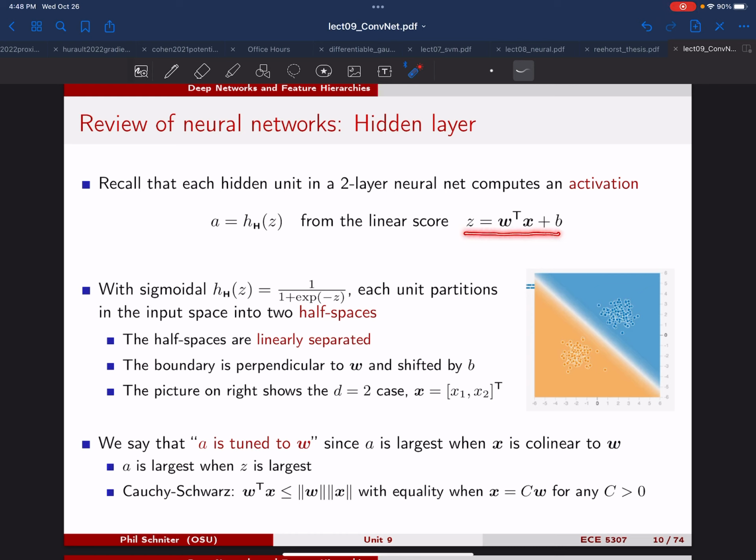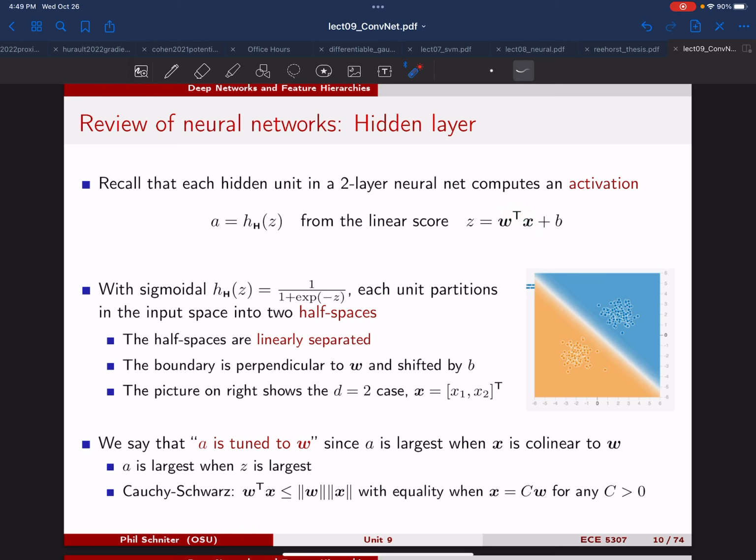And over here, to make Z large, we can use Cauchy-Schwarz to bound this term, W transpose X. So this is less than or equal to the norm of W times the norm of X. That's the largest this could be, that product. Moreover, you get equality, meaning you get that largest value, when X is some scalar C times W for a positive C. So basically, if you want to make A large, you want to make Z large, you want to have X pointing in the direction of W. And that makes sense.